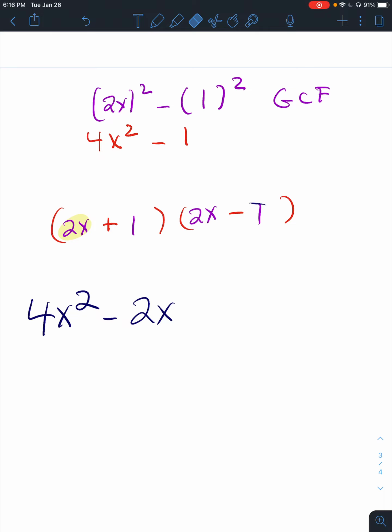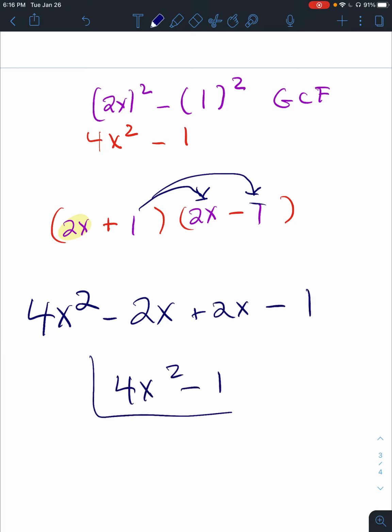Then what you do is you take 1 and you multiply it by each term here. And you get plus 2x minus 1, and you get the same thing that you started off with, which is 4x squared minus 1. So that is how you would approach that problem.